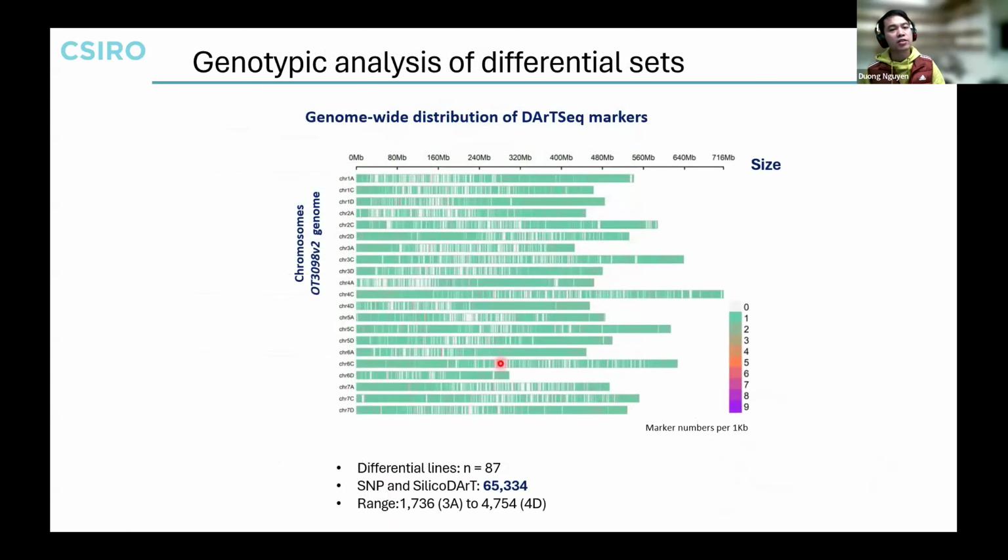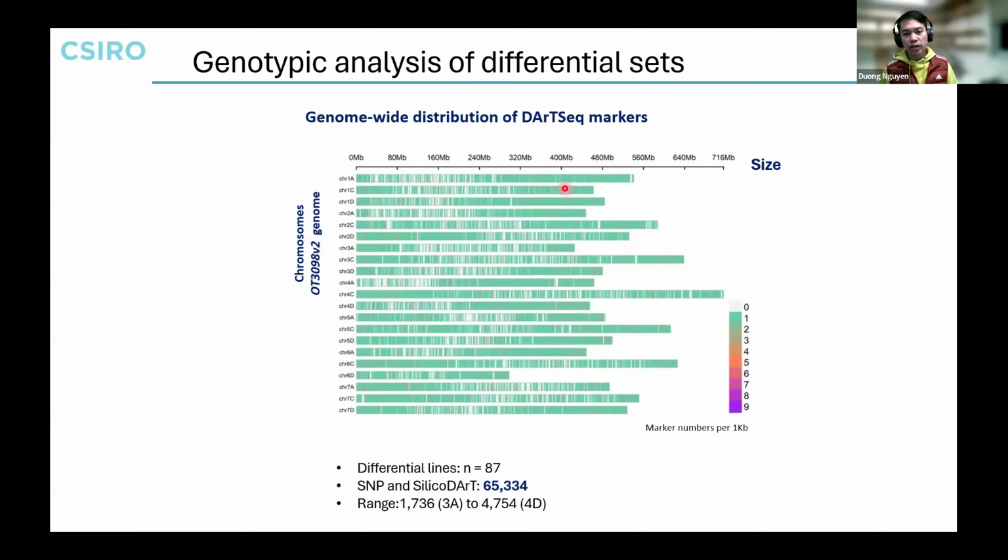To do that, we first conducted genotypic analysis on the different sets, which were genotyped using the DArT marker platform. Here is the result. We identified more than 65,000 markers across the chromosomes, mapped to the Oats version 2 reference genome.